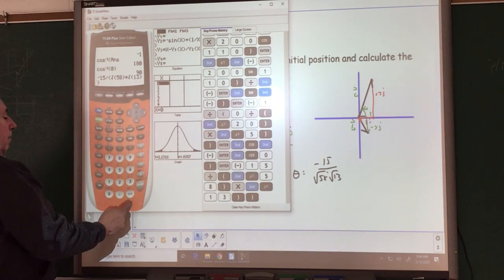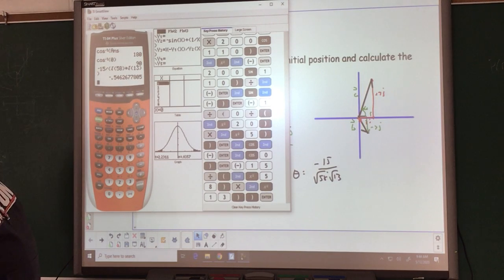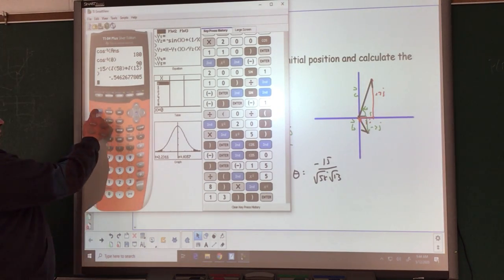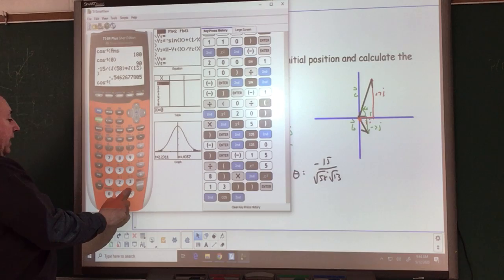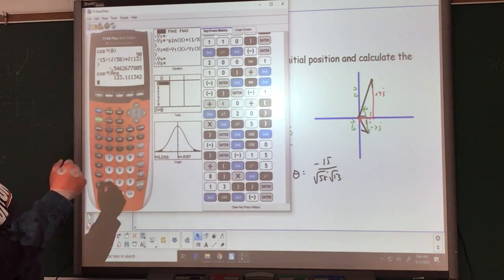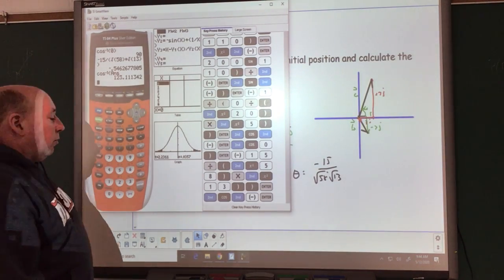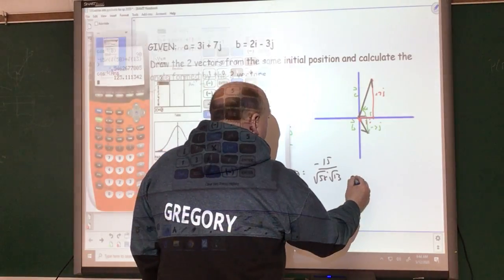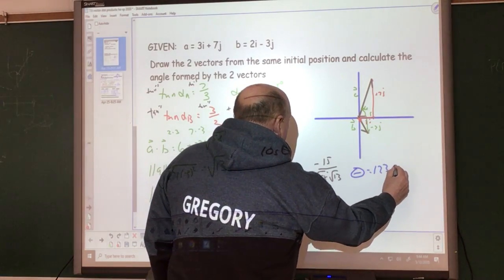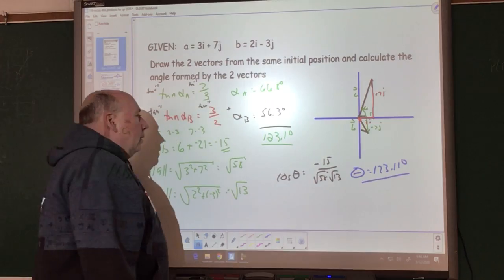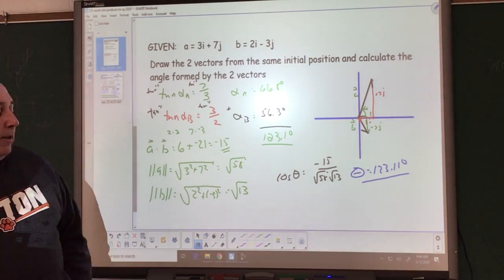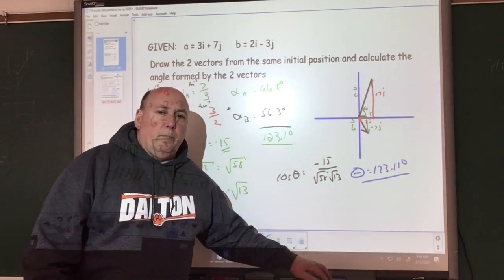And to close my bottom out, so I have negative 0.462. And I can do the inverse cosine of my answer, and we get the same 123.11 degrees. And this is the angle formed by the two vectors.